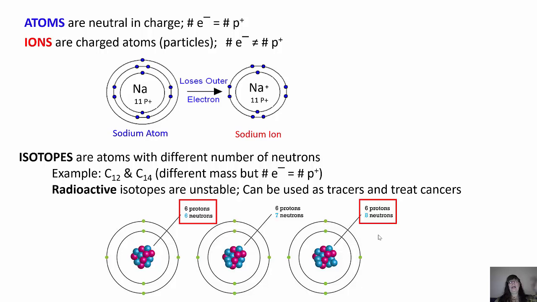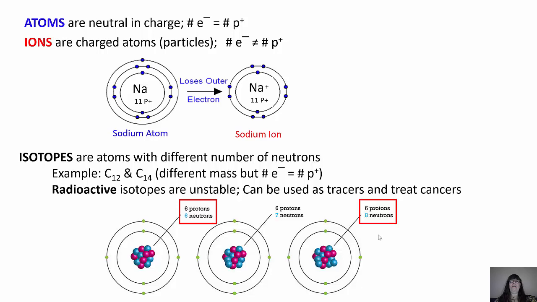So carbon-12 has 6 protons, 6 neutrons, and 6 electrons. But if you add a neutron, you get carbon-13, which has a different mass. You have 6 protons, 6 electrons, but you have 7 neutrons. If you add another neutron, you have carbon-14. Now you have 6 protons, 6 electrons, and 8 neutrons. So it has an even higher mass.